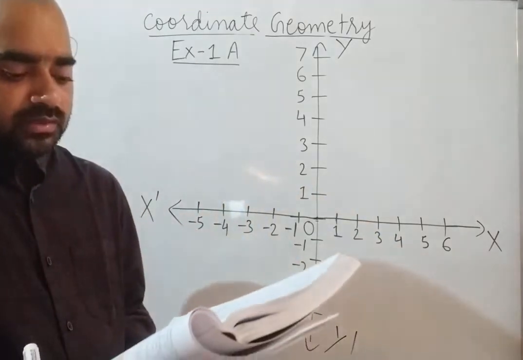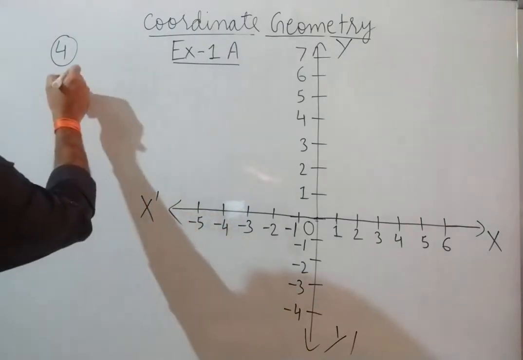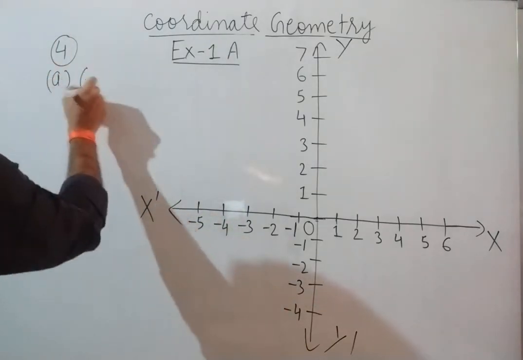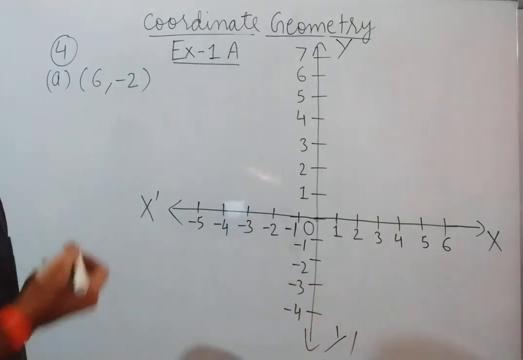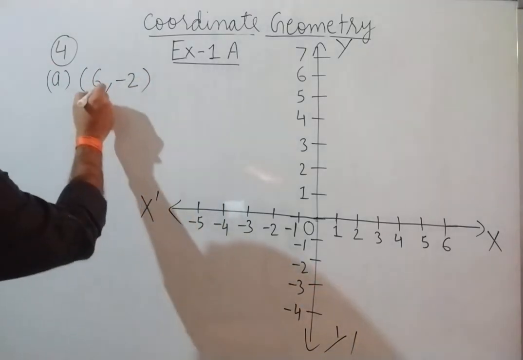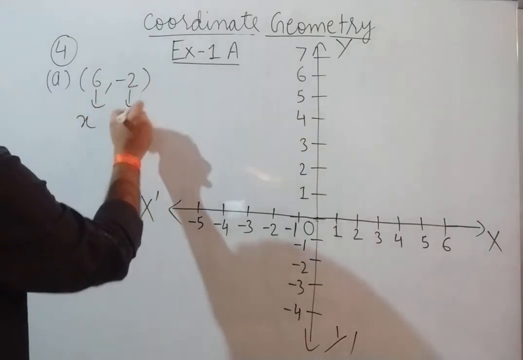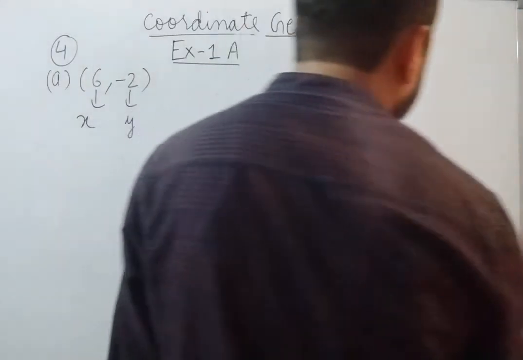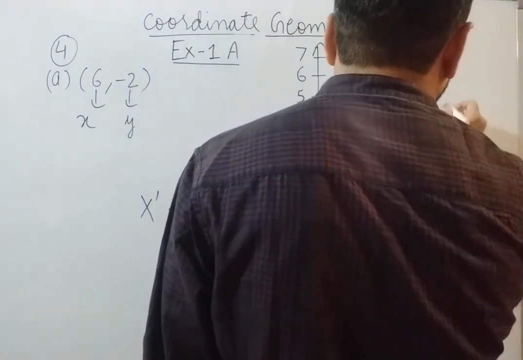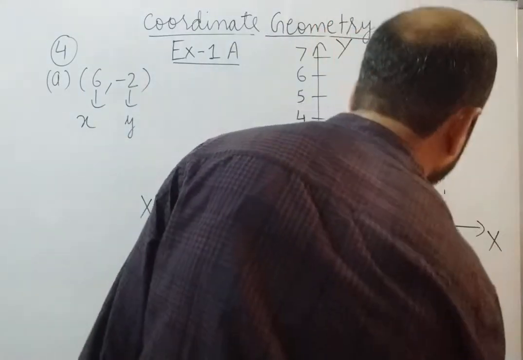Okay. So the first part is 6, minus 2. So 6, minus 2 means the x value is 6 and y is minus 2. So x is 6 means this is 6, correct?